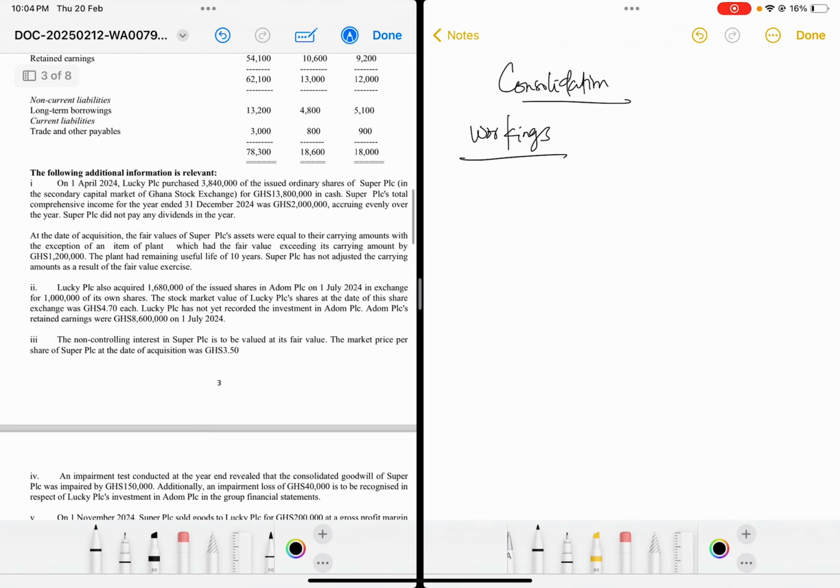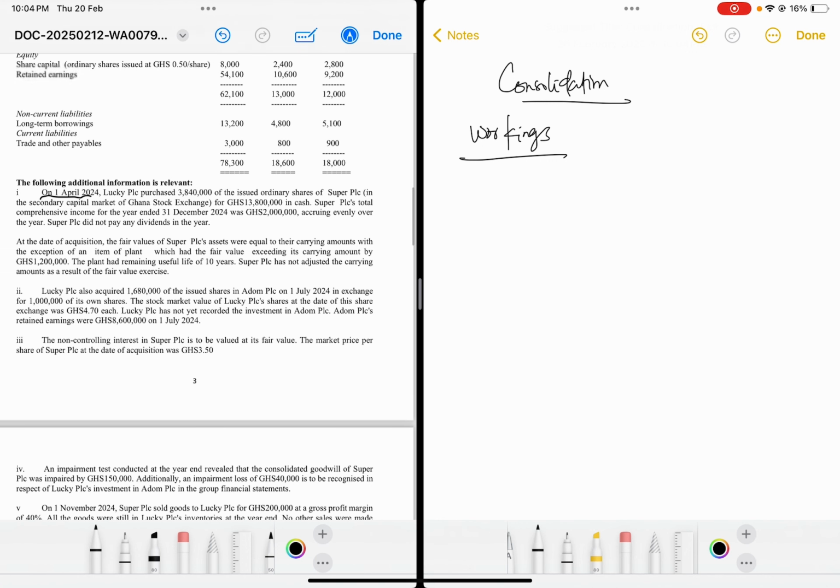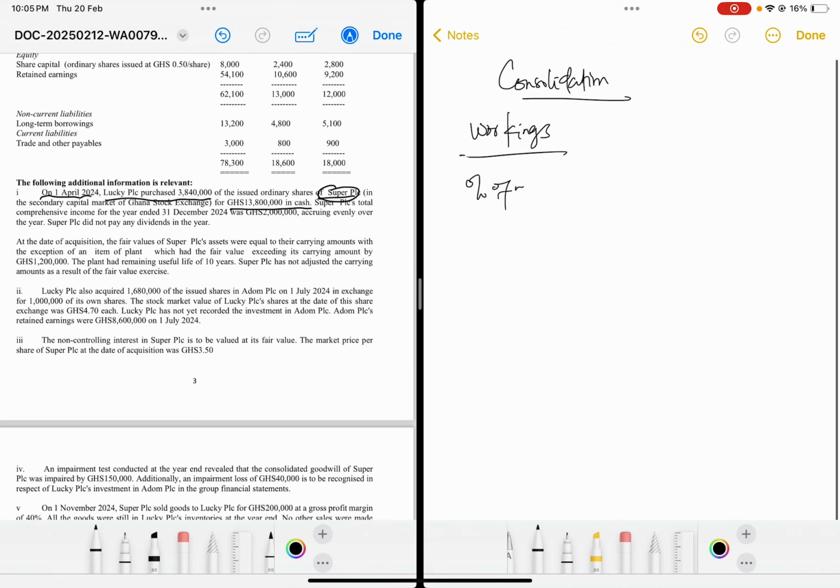All right, so let's do the additional information. It says that on 1st April 2024, Lucky PLC purchased 3.8 million of the ordinary shares of Super PLC for 13,800,000 in cash. What this basically means is that Lucky PLC purchased some shares of Super, right? So what you're supposed to do is always find the percentage of interest in the company that is being acquired.